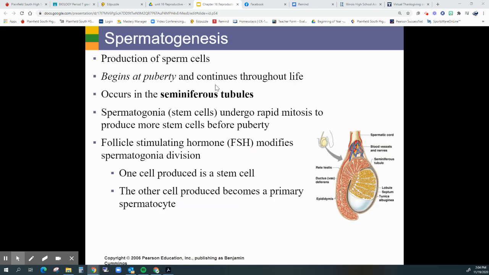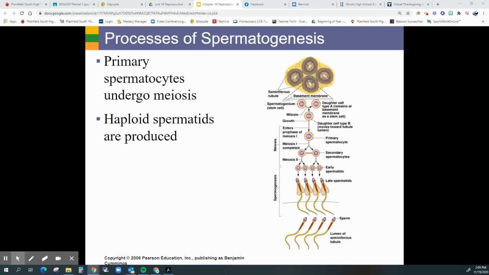And then real quick, spermatogenesis. There's not going to be a lot of questions about this on the assessment, but I just wanted to cover it real quick. Spermatogenesis is the same as oogenesis. We're just producing sperm cells this time. It begins at puberty. The difference is in males, it will continue throughout their life. And again, it occurs in those seminiferous tubules. That's the big thing that really shows up as a test question, so make sure you have that.